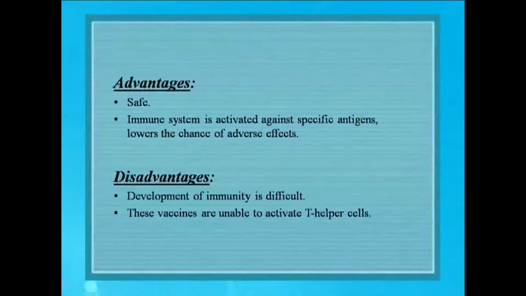The advantages are that these vaccines are safe compared to the first generation vaccines, and since the immune system is developed against specific antigens, it lowers the adverse effects. The disadvantage is that immune system activation is a little difficult here, and they do not activate the T helper cells.